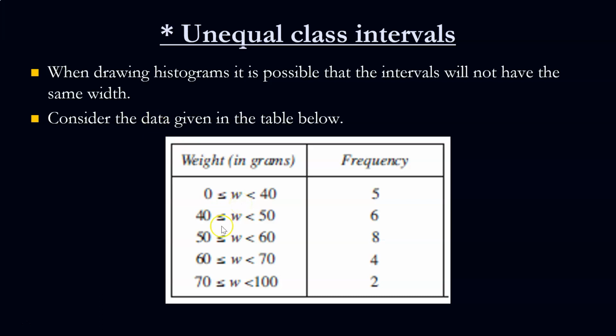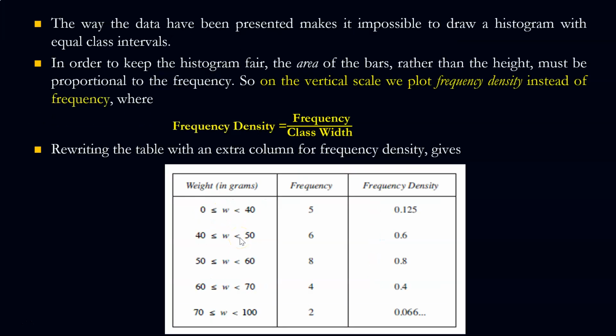So consider the data given in the table below. When you have this kind of unequal class interval, the way the data have been presented makes it impossible to draw a histogram with equal class interval.